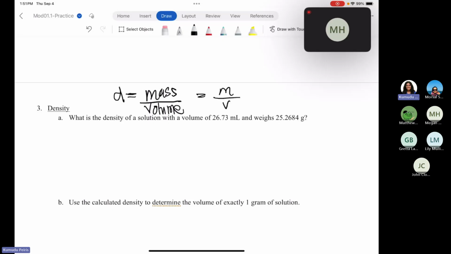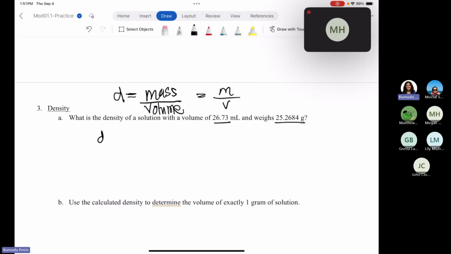Right. What is the density of a solution with the volume? We are given the volume and we are given the mass. So that's a very straightforward question. But we should be very careful when we are operating these calculations, and we should be very responsible in operating the units as well.